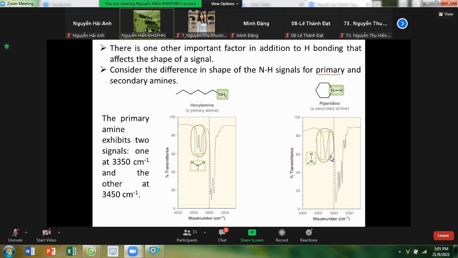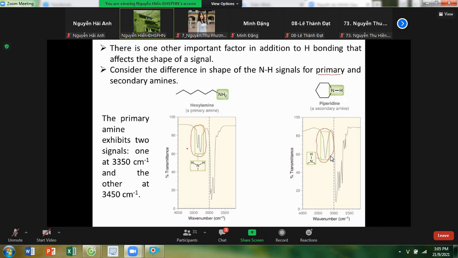The primary amine exhibits two signals in this range. One is at 3,350 centimeters to the -1, and the second is next to it, about 100 centimeters away, at about 3,450 centimeters to the -1. So you have two peaks.